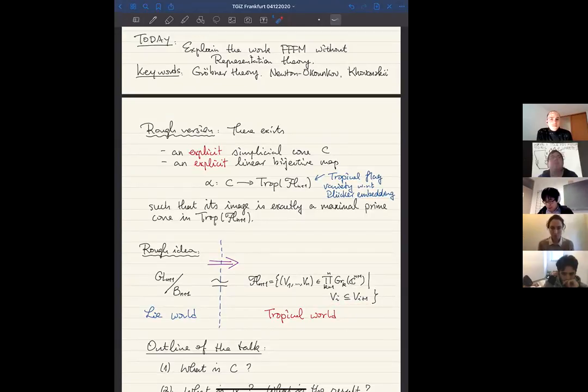And then we look at the Plücker embedding, take the ideal, and tropicalize it. And in the Lie theory world, we do not really want to use this linear space description. We want to look at it as a homogeneous space, G mod B.